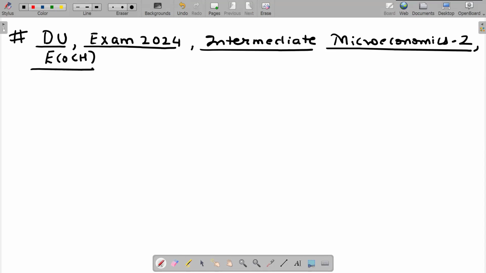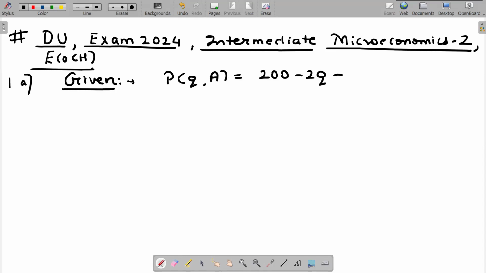Let's look at question number 1, part A. I'm quickly writing the piece of information given to us. We are given that the demand facing the monopolist is P(Q, A), which is 200 minus 2Q plus square root of A, where Q denotes the quantity of the product.